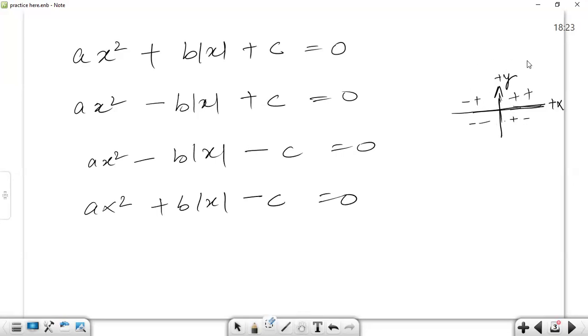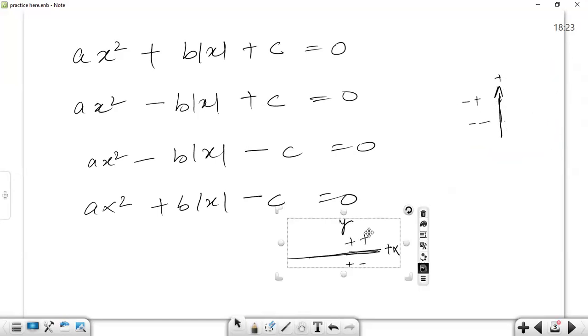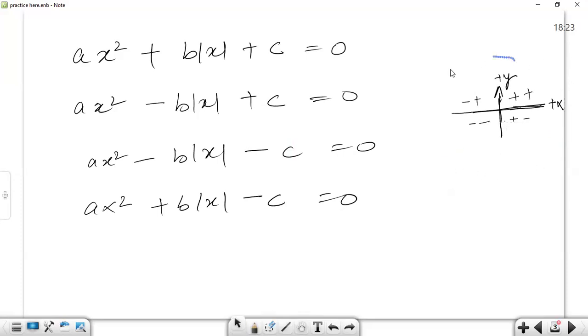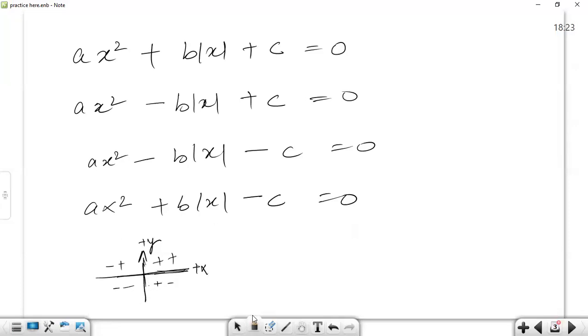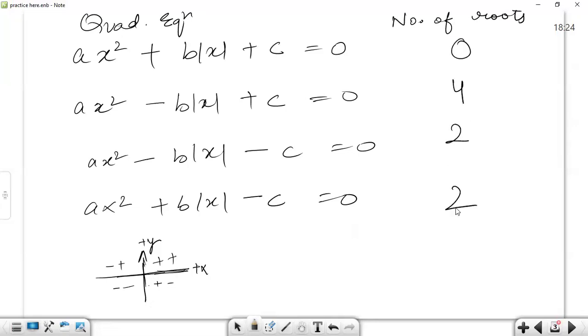So if a quadratic equation is given in this format, and we have to find the number of real roots it's going to have, the trick is 0, 4, 2, 2.